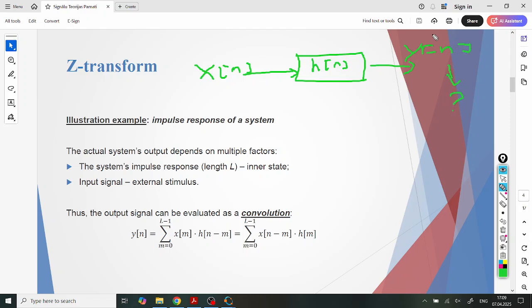In that case, the output of this signal is depending both on what you have specified in the input, and on the, how we can also say, the inner state of this system itself, yes, its impulse response. So the formula is called a convolution because it's quite complicated, convoluted formula, yes, and you can see that there is some time shift, so input by impulse response time shift, summation, and so on. Well, not so easy to calculate.